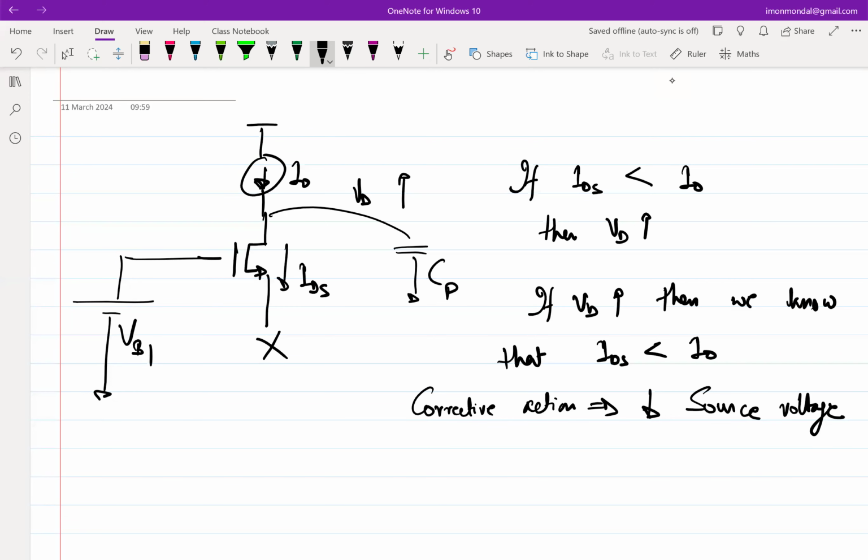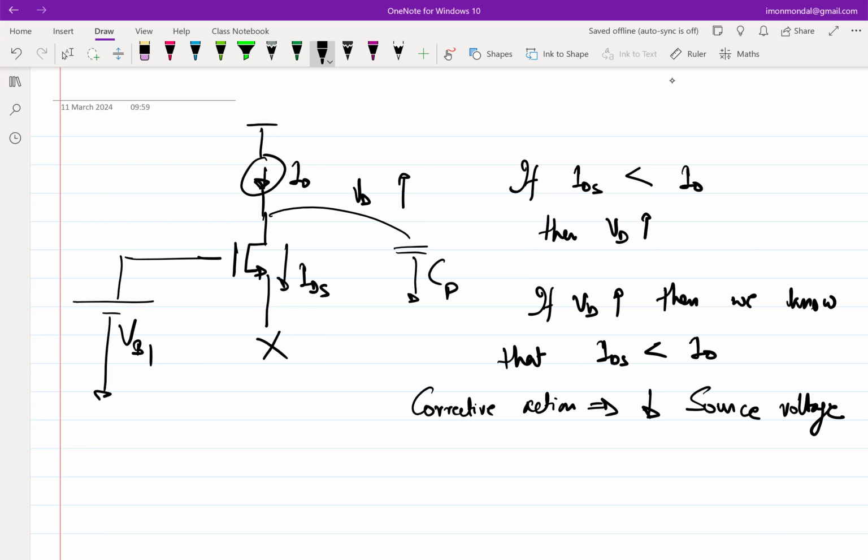Okay. So now you see this is slightly different from whatever we have done till now. In the first case, when we were tweaking the gate, in the first topology, when we were applying current at the drain and tweaking the gate, this requirement was in the same direction. If the drain voltage increased, we needed to increase the gate voltage, right? So the obvious thing to try was simply connect the drain and the gate.